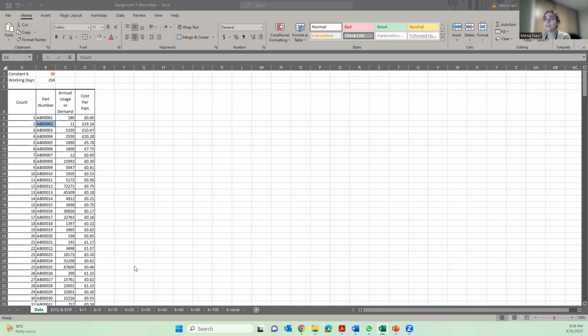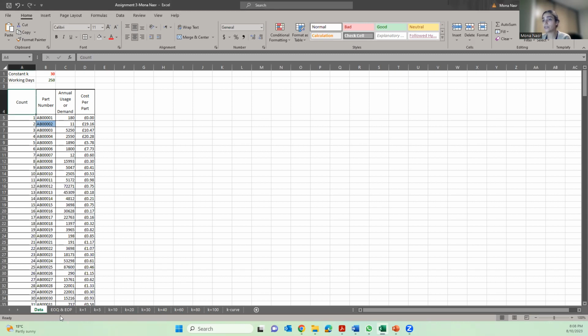So now, according to the data we got from inventory management, we have part number, annual usage or demand, and cost per part. As you can see, we consider constant K as 30 and working days as 250.